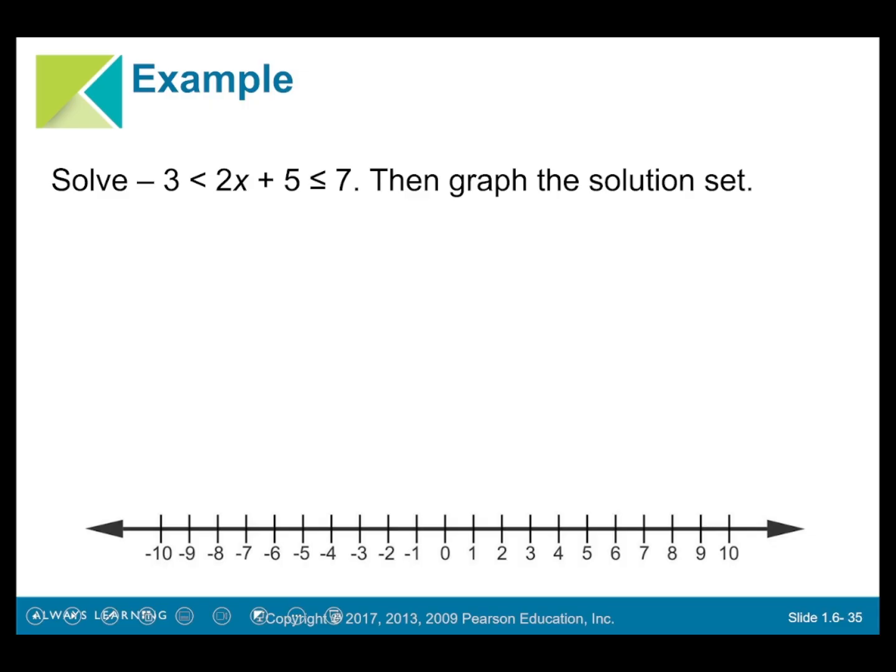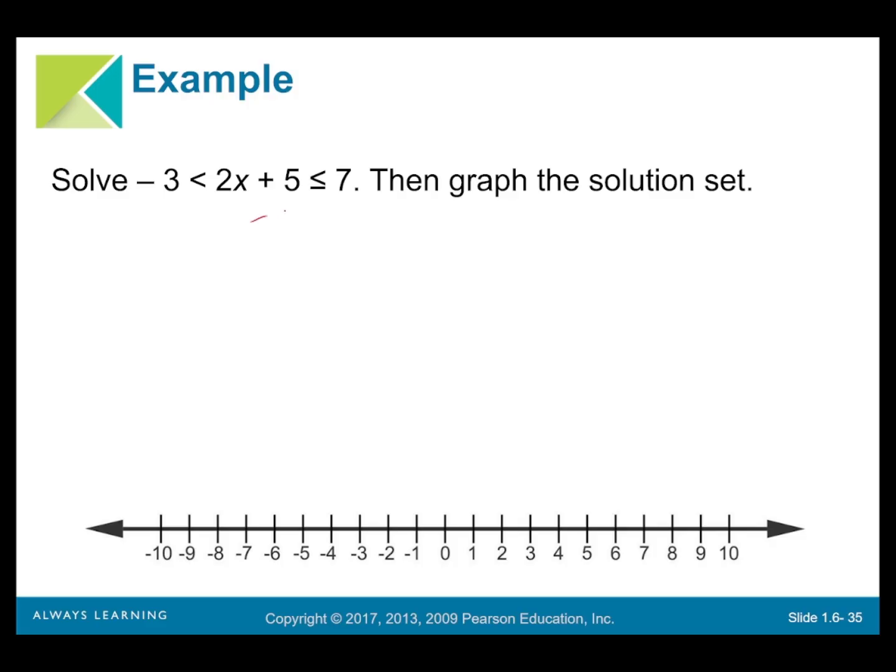So if we wanted to solve this and then graph the solution set, let's look at that. Basically, you're going to treat this as though we have 2 equal signs in here instead of 1. So in a sense, you're going to do something to every side of every equation.